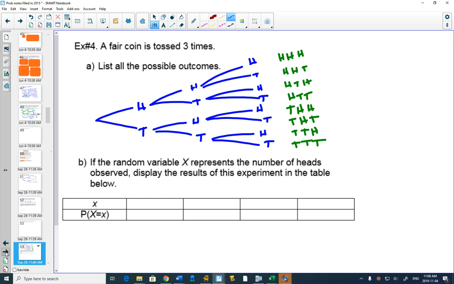If x is the number of heads that you got, you could have got 0 heads, 1 head, 2 heads, or 3 heads. How many of the 8 possibilities have no heads? Only 1. So the probability there would be 1 out of 8.